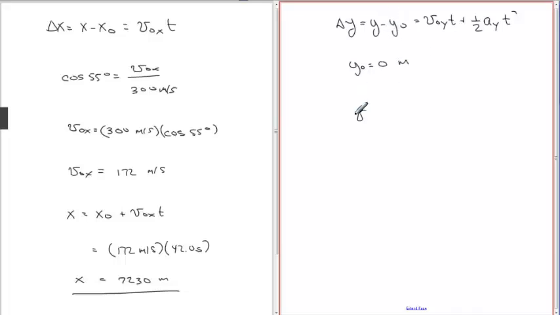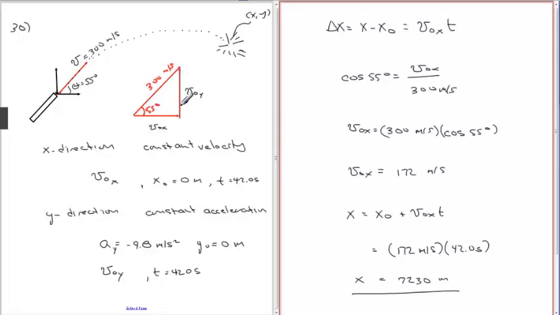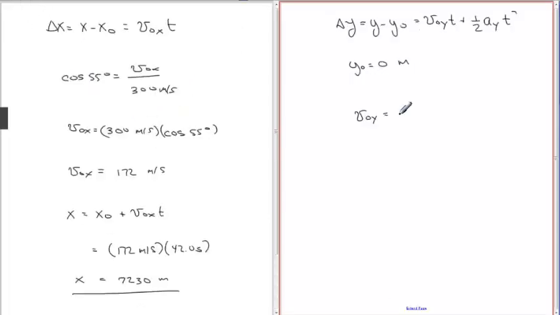v0y, going back to our triangle, this is the opposite side. So we're going to use the sine. So this is going to be equal to v0 times the sine of 55 degrees. Okay, so v0y is 300 meters per second, three significant figures, sine of 55.0 degrees.